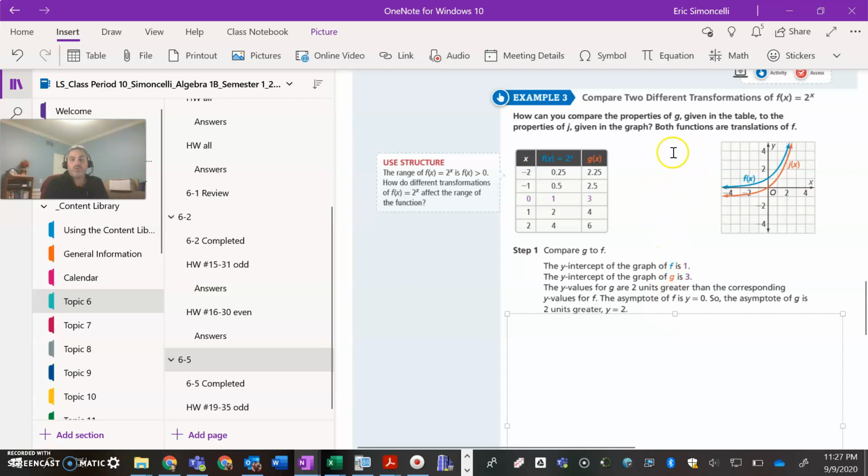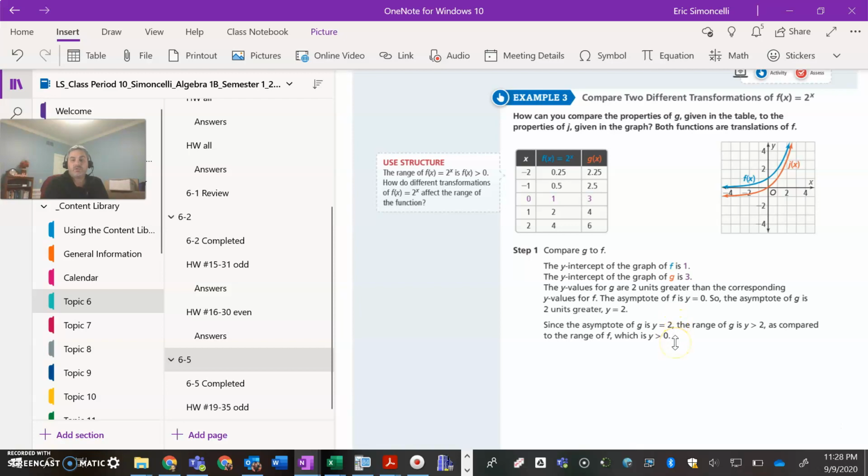And we can argue that pretty confidently, like we saw in the prior example or two up above, where if you take the function and you add a number to it to get the other function's y values, it's a vertical shift up by whatever that number happens to be. In this case, it's a shift up 2 units. So y equals 2 is the horizontal asymptote for the g function.